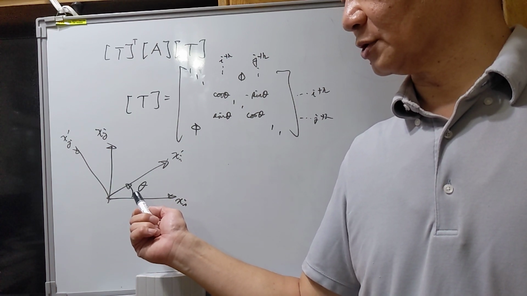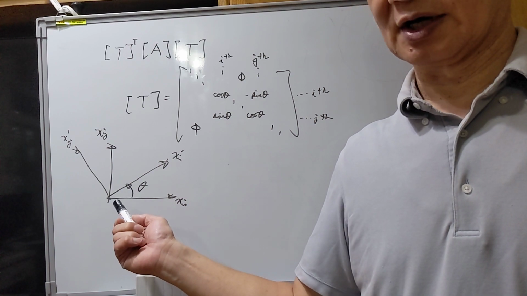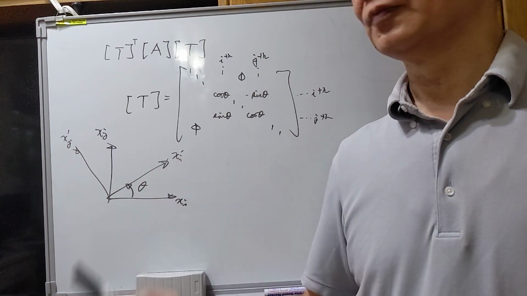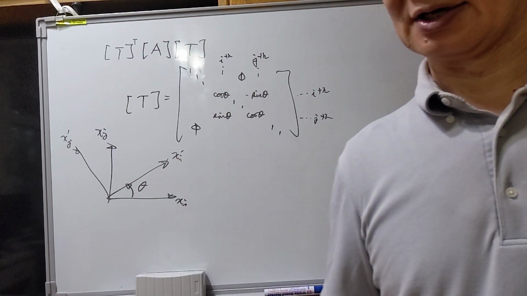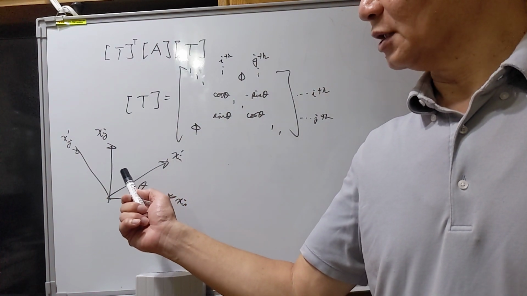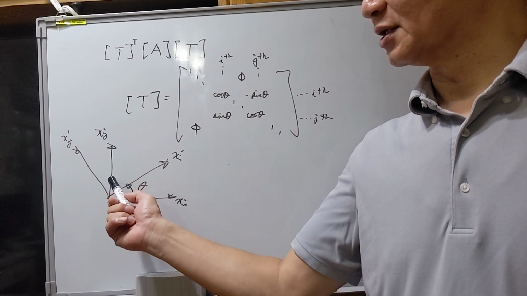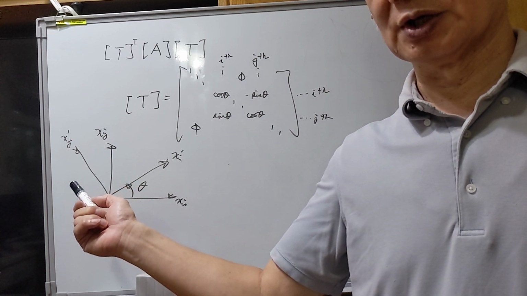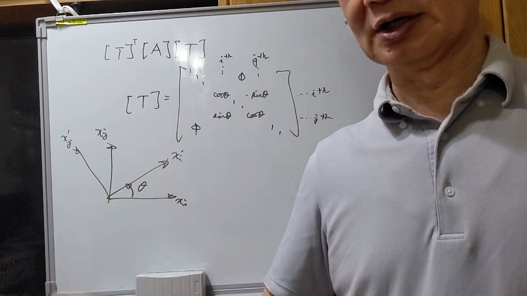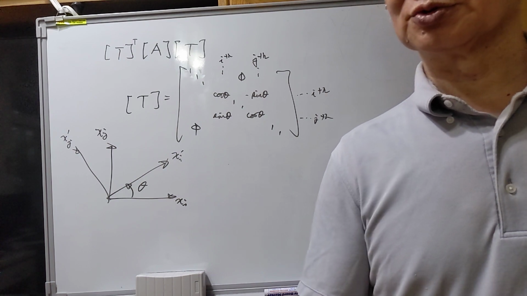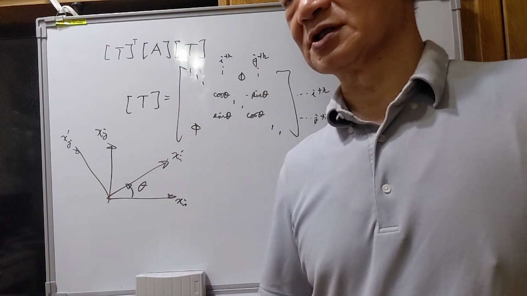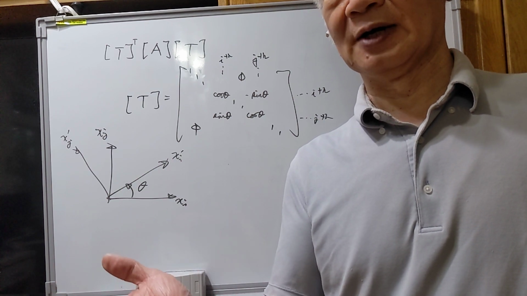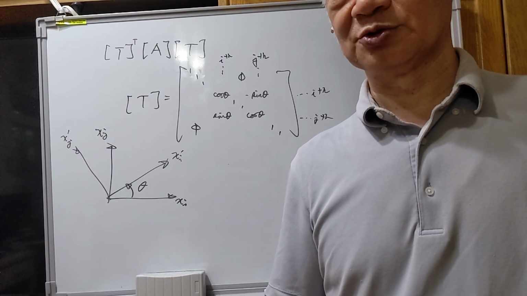The rotation angle is defined from the original Xi axis rotated to the new Xi prime axis. And also there is a rotation from the original Xj to the new Xj prime. The rotation angle is also equal to theta. If theta is positive, it means a counterclockwise rotation.